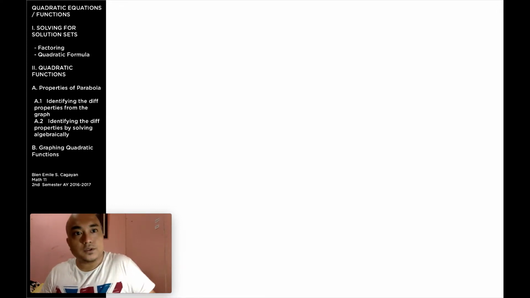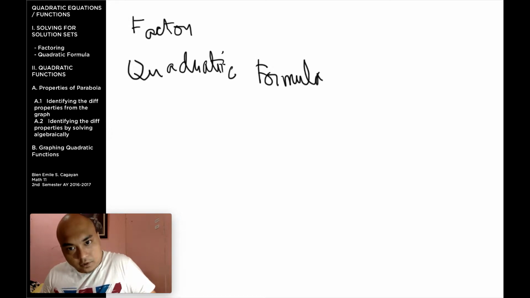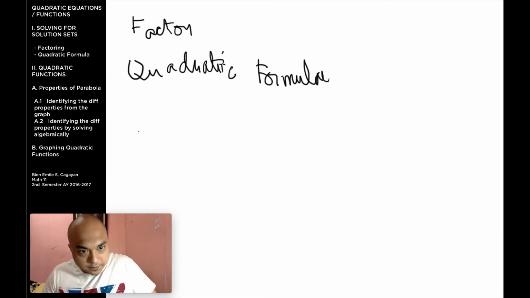When we solve solution sets, we usually use factoring and the quadratic formula. I have here three examples you can check out.